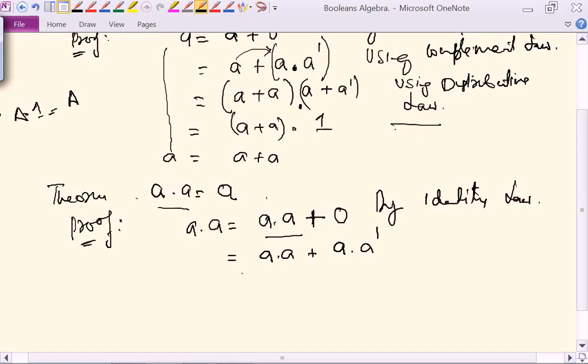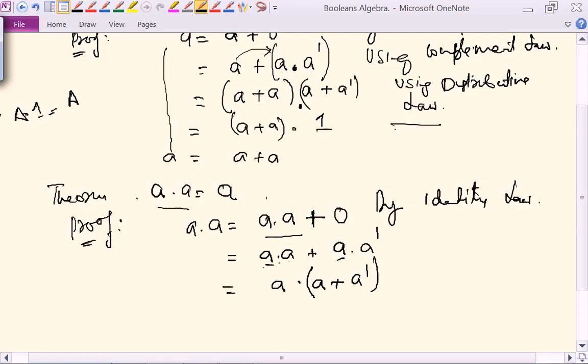Now again by distributive law, because this is already distributed, let me condense it. I will take a common, and what remains here? A, or what remains here? A complement, because a gets common.